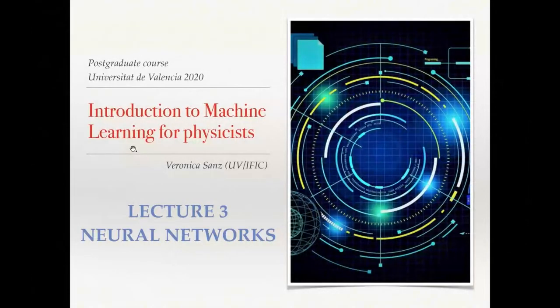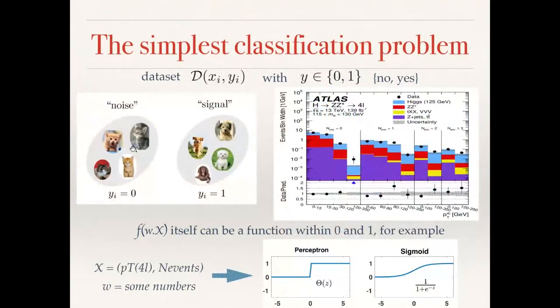Okay, so today we are moving to actually doing machine learning and using techniques in machine learning. In this case, it's neural networks. The idea is that we are going to start by talking about the classification problem.